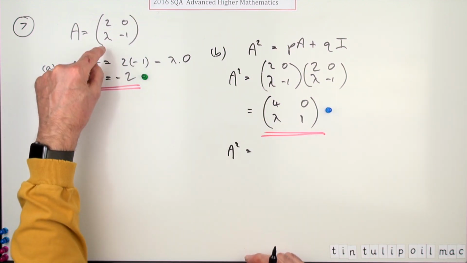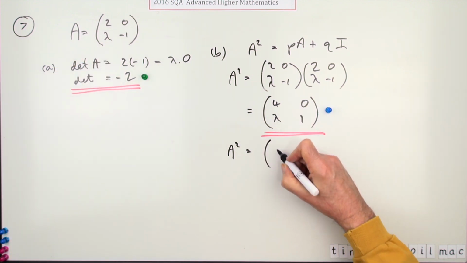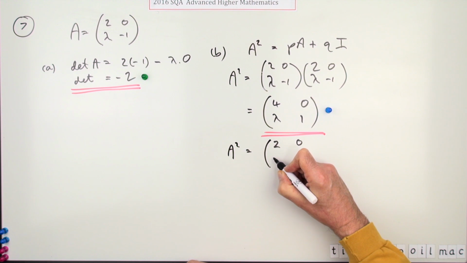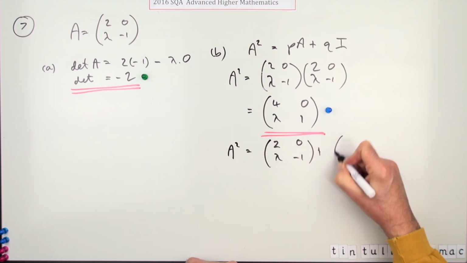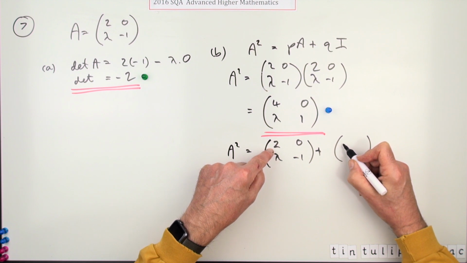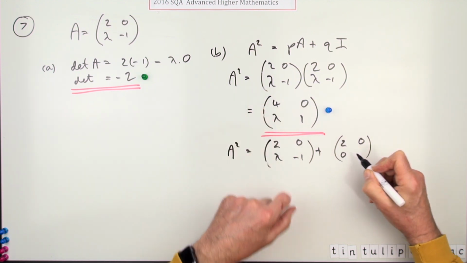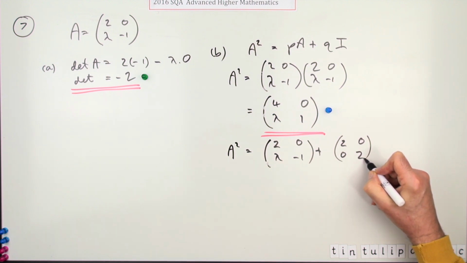And noticing here, A just has a single lambda, A squared has a single lambda, so it looks very much as if it's just A with something added onto it. So what has been added onto it? Well, 2's been added onto that, and that's 0, and that's been left alone, and 2's been added onto that.